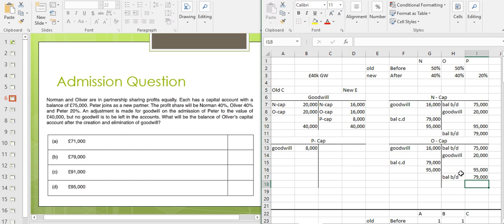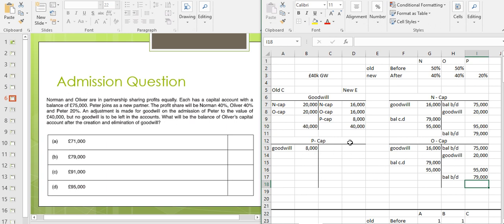It has increased. It's gone from 75 to 79. Okay, and the reason why it's gone up is because Peter, who joined, he has paid them 8,000 between the two. So he's given 4 to Norman and 4 to Oliver.